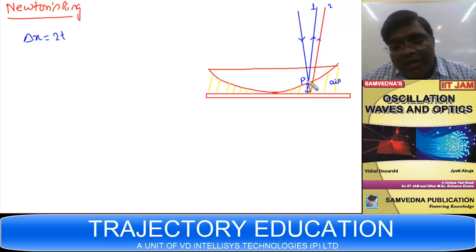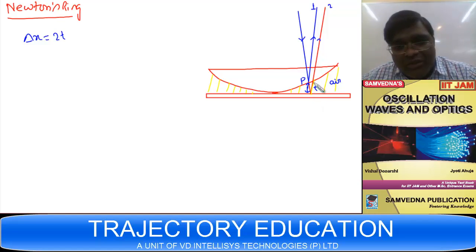And you will see over here, this beam number 1 is getting reflected from a denser to rarer interface, so it won't suffer a phase change of pi. This is glass, this is air, so this is denser, this is rarer. But ray number 2 is getting reflected from a rarer to denser interface, so 2 will suffer a phase change of pi upon reflection.